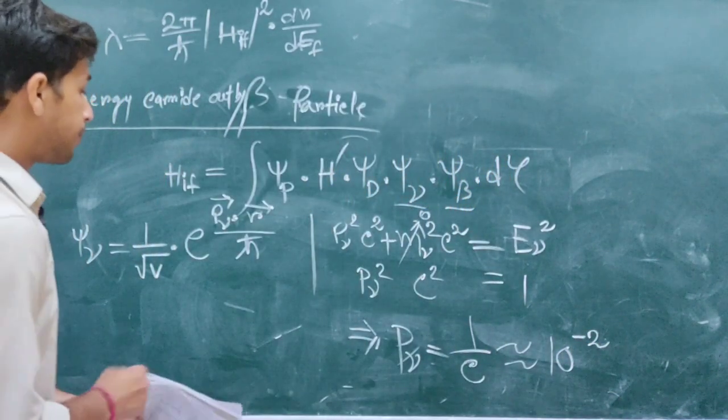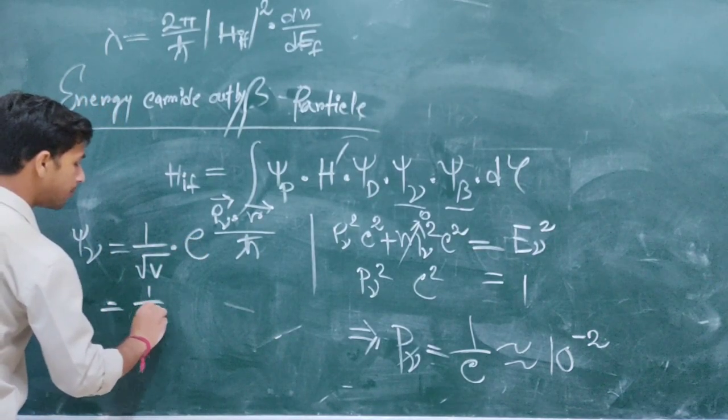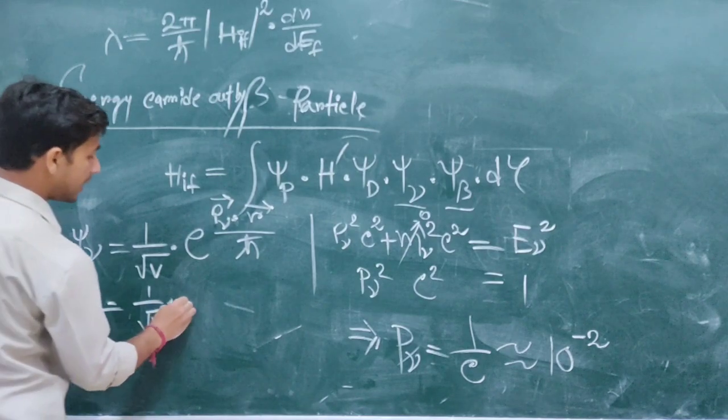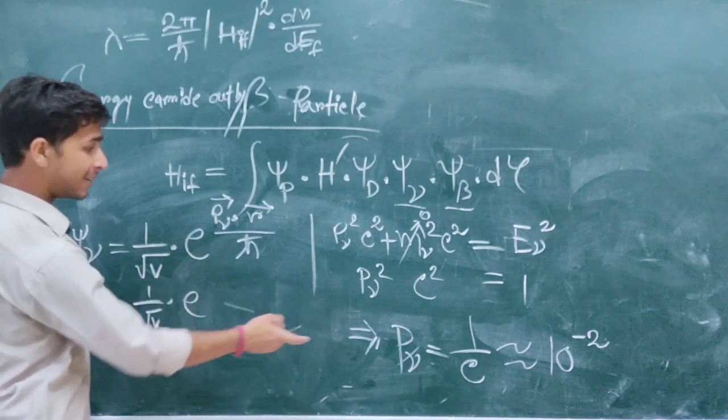So if you put this P_nu here, we will get 1 divided by root V times e to the power, this P_nu is 1 divided by C.